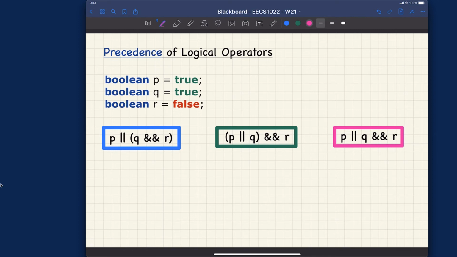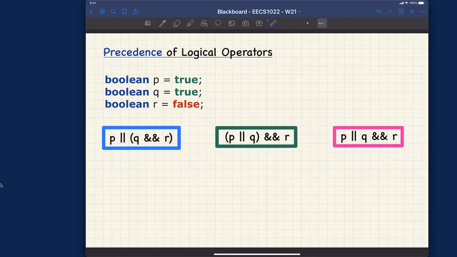Let's say we have 3 Boolean variables, P, Q, and R. So if we say P or Q and R, with no parentheses, let's focus on the pink one for now.